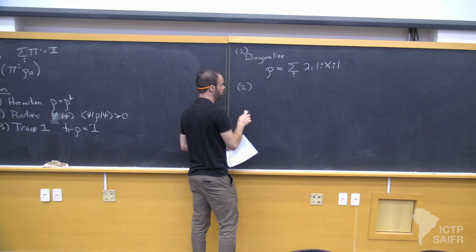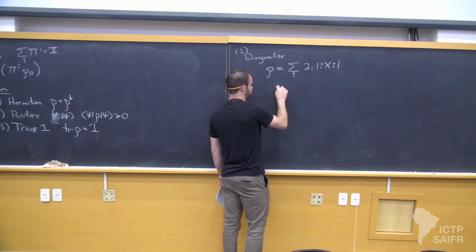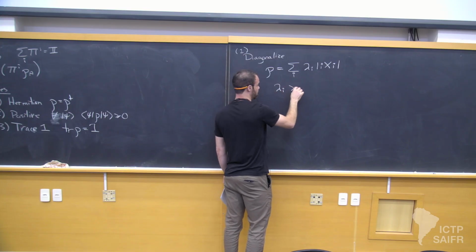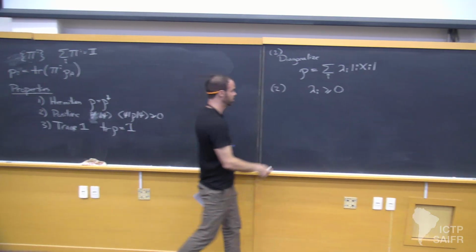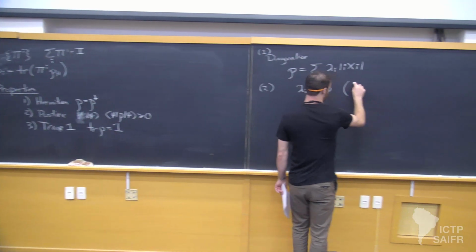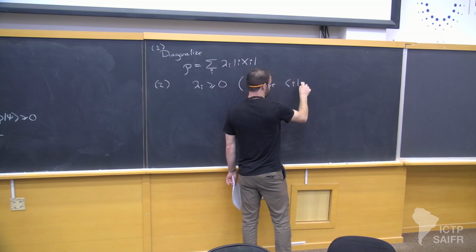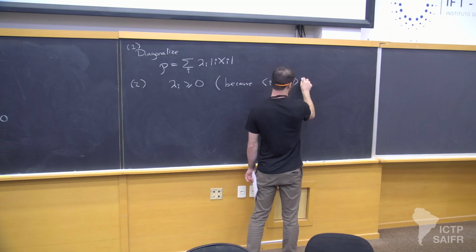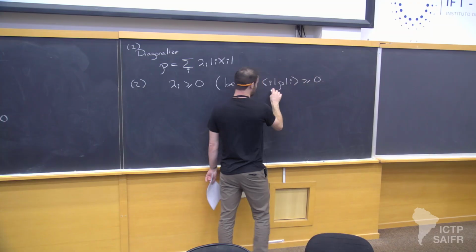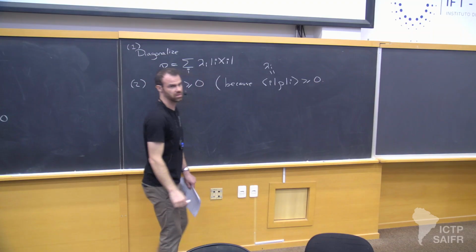Using property 2, we learn that the lambda_i's are always positive, right? Because I could, in particular, look at this number, and condition 2 says that's positive, but that number is just lambda_i, right?